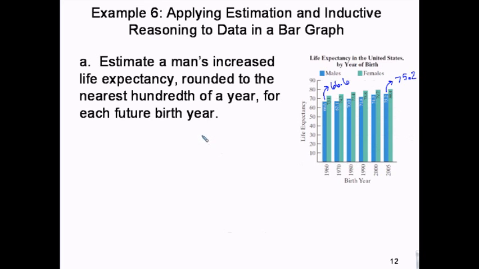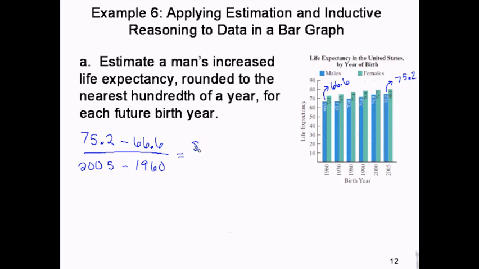So, okay, to find and estimate a man's average life expectancy, and we're going to round it to the nearest hundredth of a year, to find an average, we're going to take the most current minus the oldest, and then we're going to take the newest year minus the oldest year.